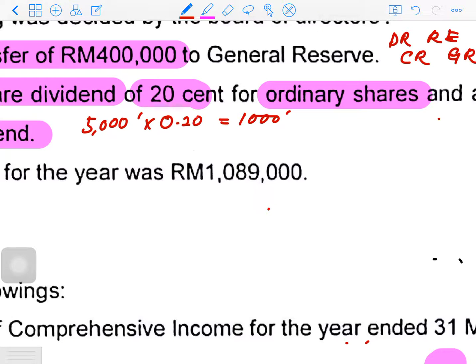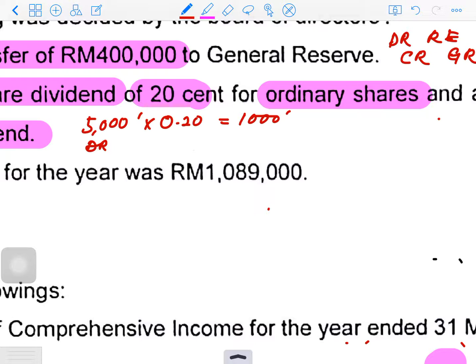Okay, 1 million. The double entry will be debit retained earnings 1 million, and credit ordinary share 1 million.